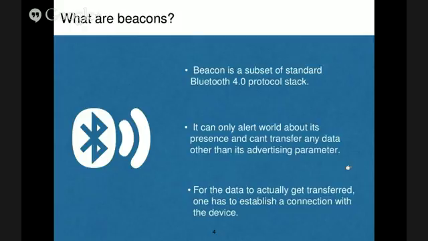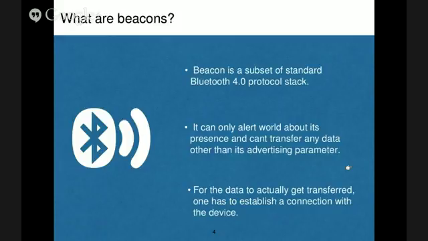This protocol stack is supported by a typical BLE chipset. So we cannot say a beacon is purely a software stack or a hardware part, but it's a combination of both.